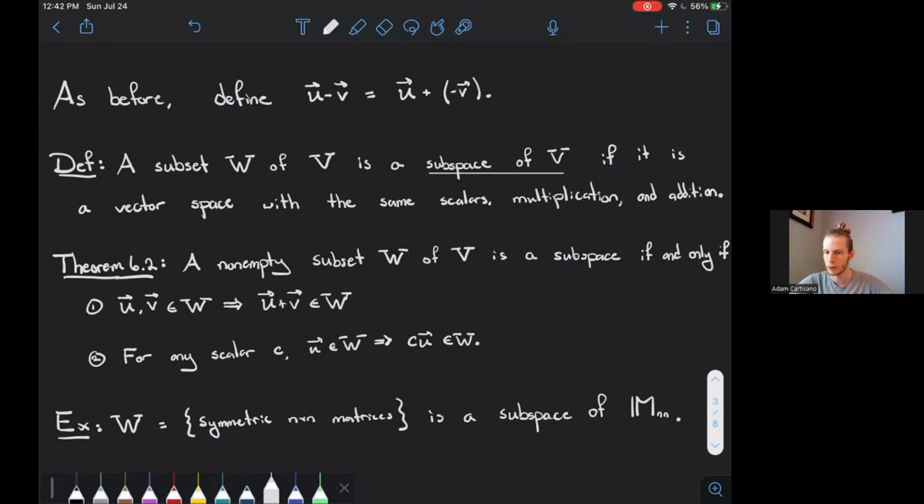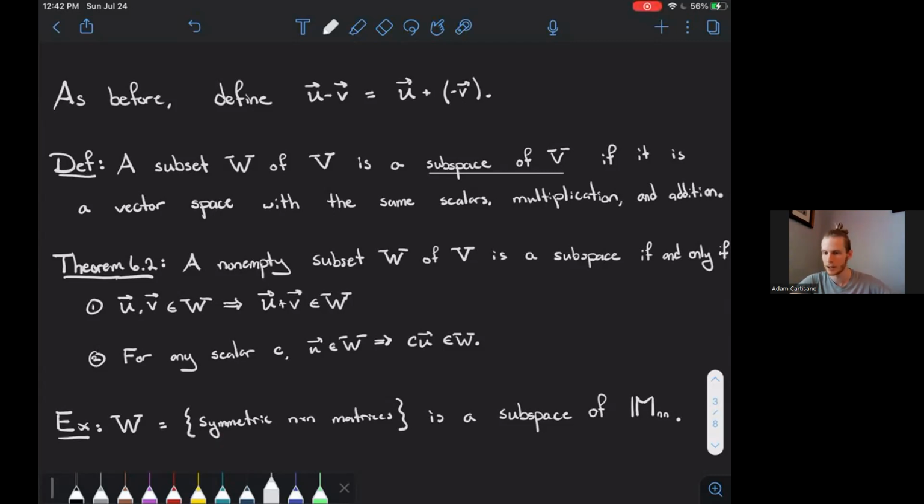In other words, if I had the set of all degree 3 or less polynomials, P3, and inside of that space I take P1, the set of all polynomials of degree 1 or less, so ax plus b's. Okay, that is a subspace because it's a subset, and obviously it also satisfies all the properties because Pn satisfies all the properties.